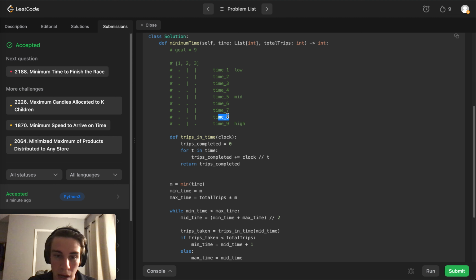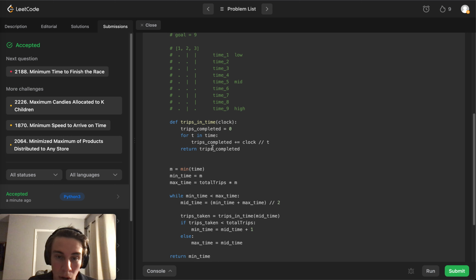And that is O of n squared, where O of length of time times the total number of trips times the smallest element in that array. So basically O of n squared.